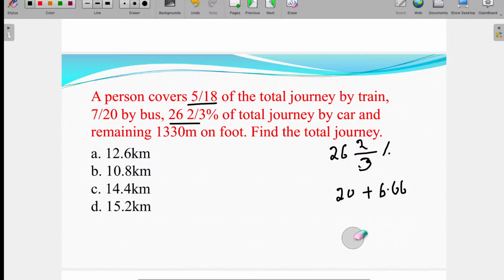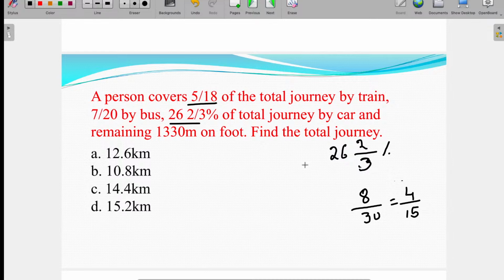This also you will get the same answer. I hope it is clear. So how much did you get previously? 8 by 30. 8 by 30 means 4 by 15.